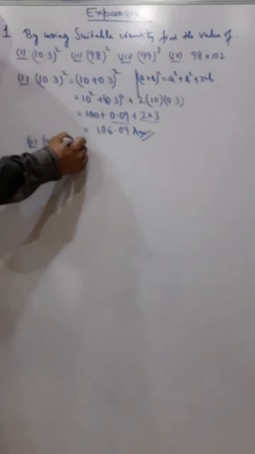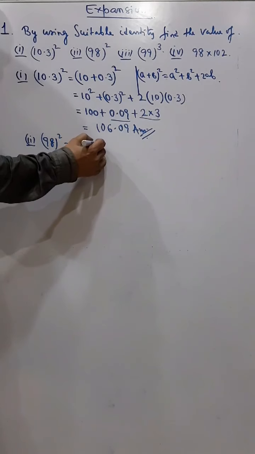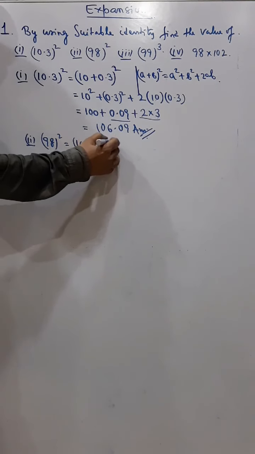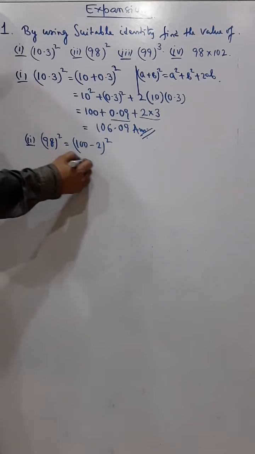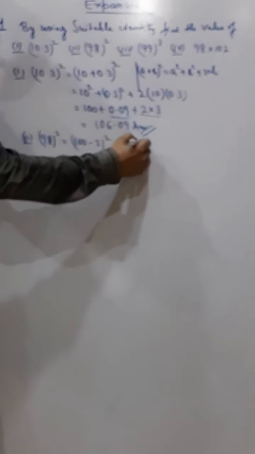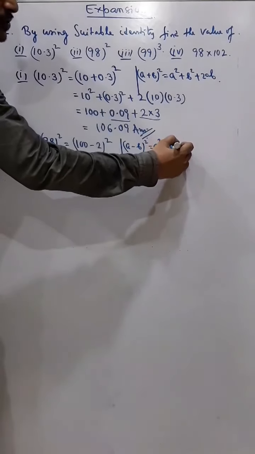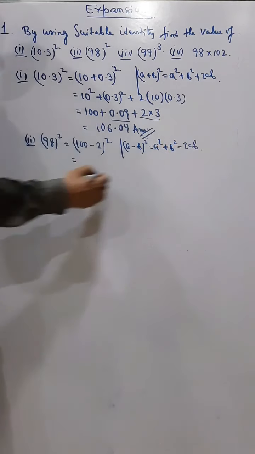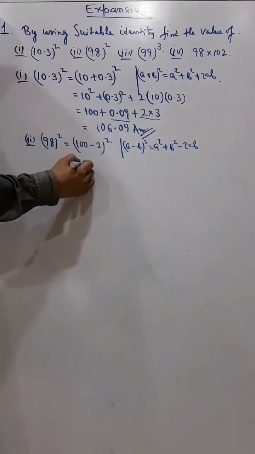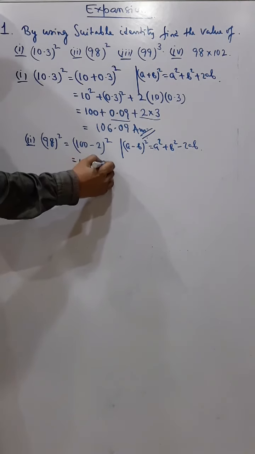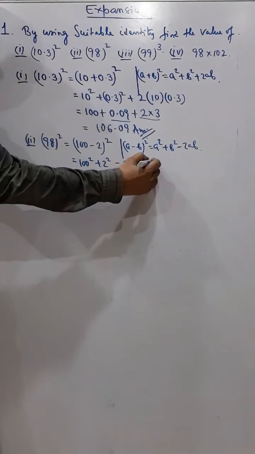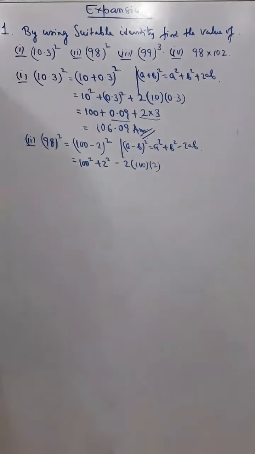Now 98 square we can break as (100 minus 2) whole square, and here we are going to use the (a minus b) whole square formula, that is a square plus b square minus 2ab. So 100 square plus 2 square minus 2 into 100 into 2, right?